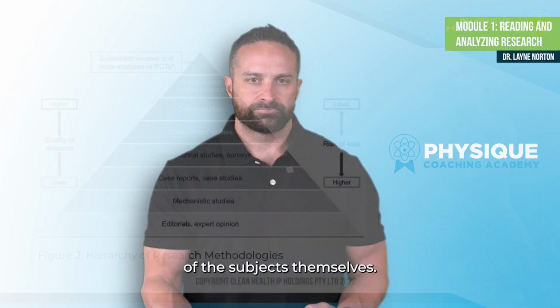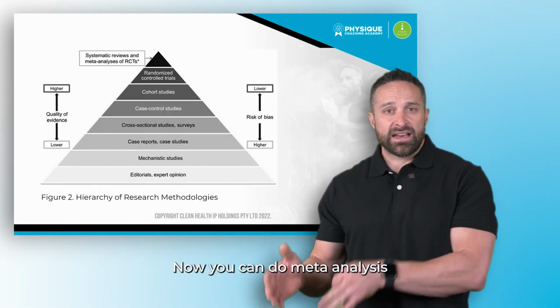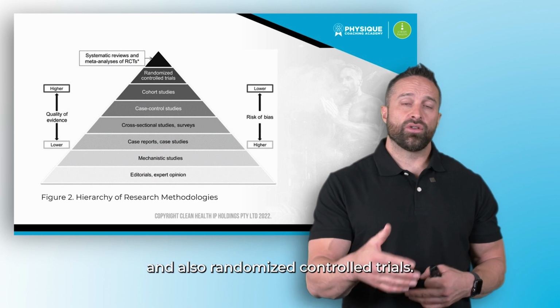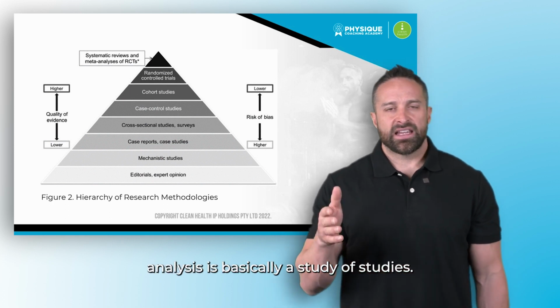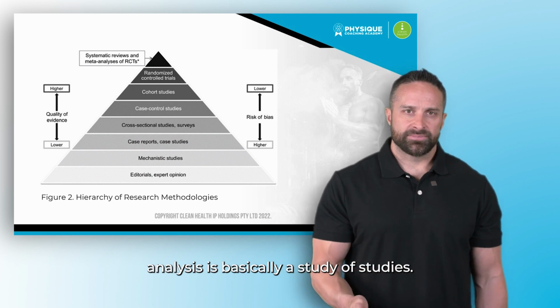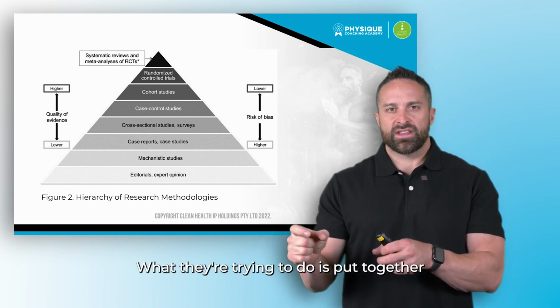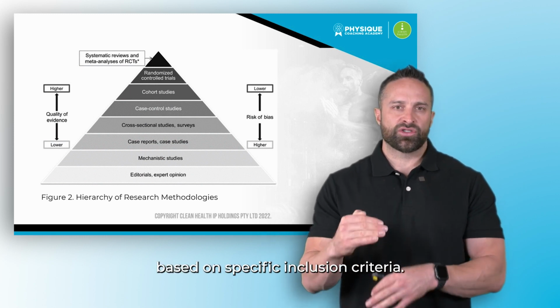Then finally, at the highest level of evidence, we have meta-analyses and systematic reviews. Now you can do meta-analyses and systematic reviews of cohorts and also randomized control trials. A meta-analysis is basically a study of studies. What they're trying to do is put together multiple studies based on specific inclusion criteria.